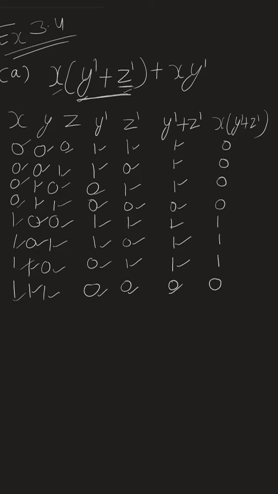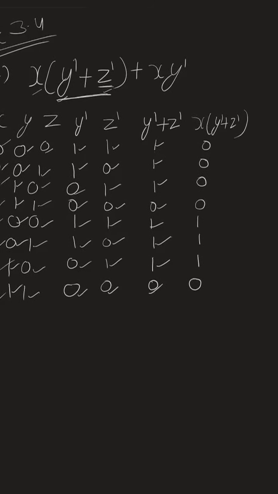Clear? Now we need x y complement. So you can find here x is there, y is here. So we can find out here x y complement. So x is 0 and y complement is 1, and we multiply, so 0.